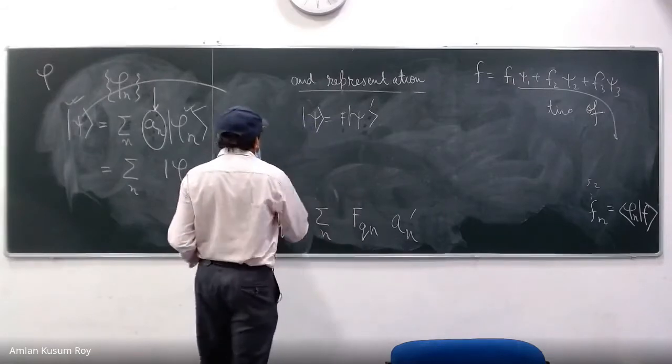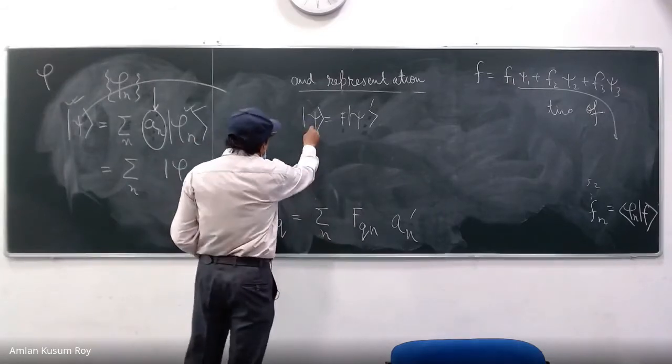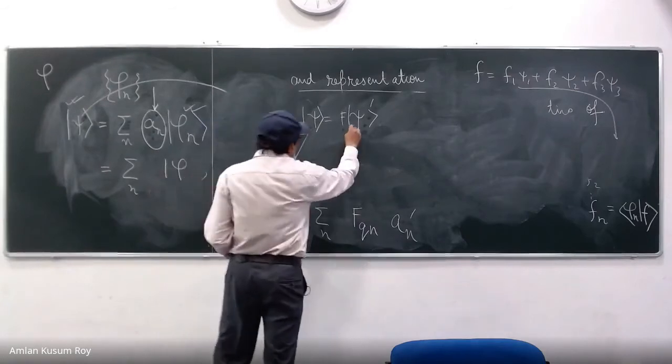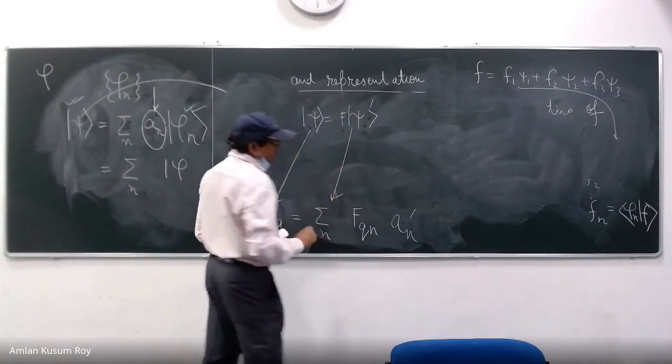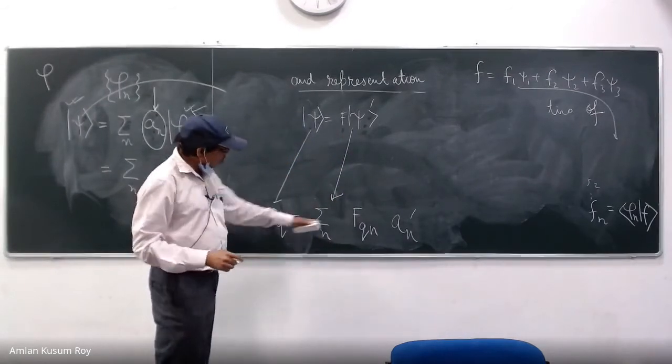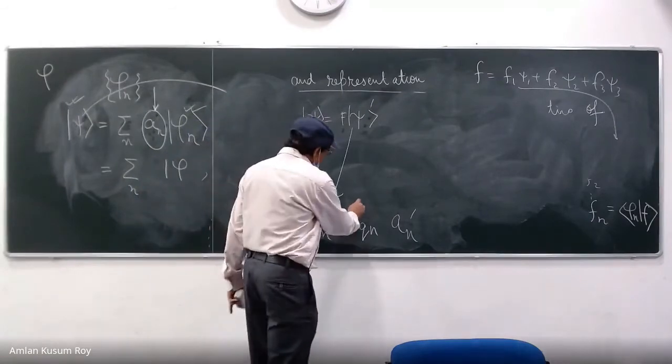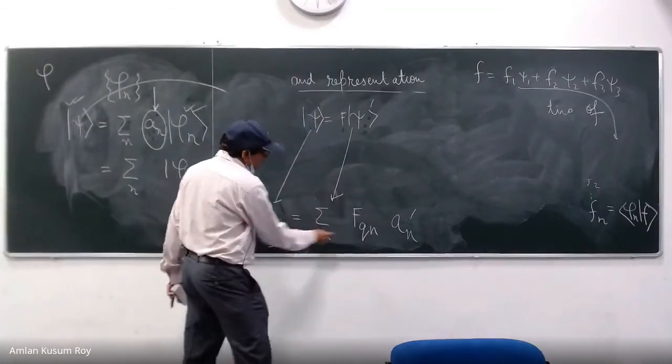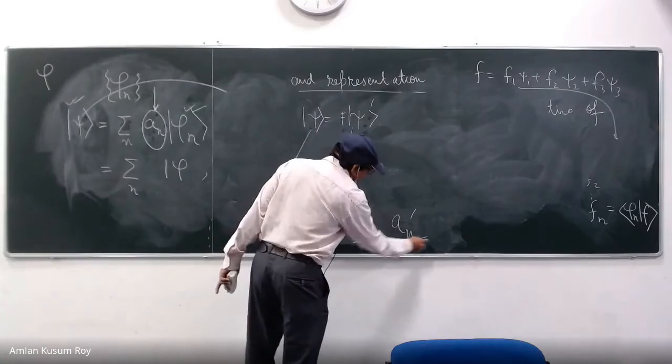So you have actually written an operator equation as a matrix equation, because these are all matrices. This is a matrix now. This is a matrix now. This is a matrix now.